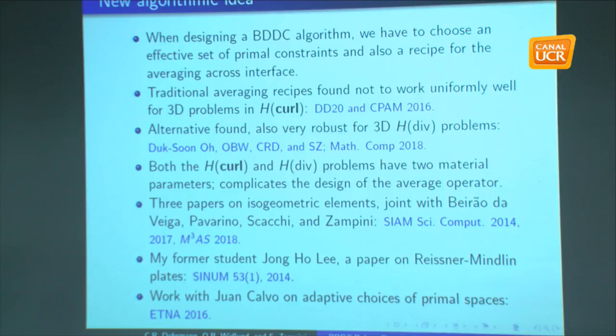And it turns out that BDDC Deluxe is also very important in adaptive choices of primal spaces. I have a joint paper with Juan Calvo on that, which appeared in 2016 in ETNA.